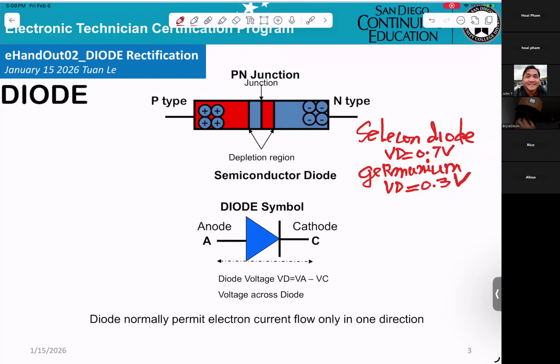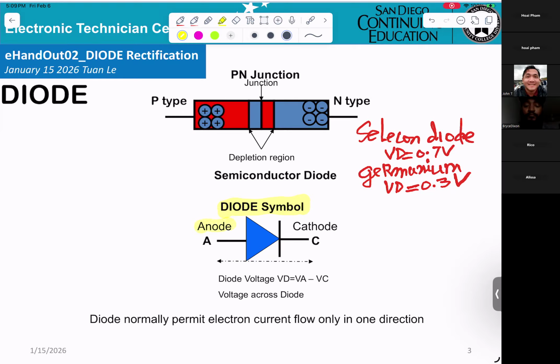Now, for the diode symbol, if you see that simple symbol, then you have to know this is a diode.